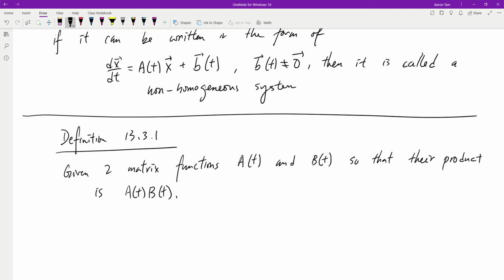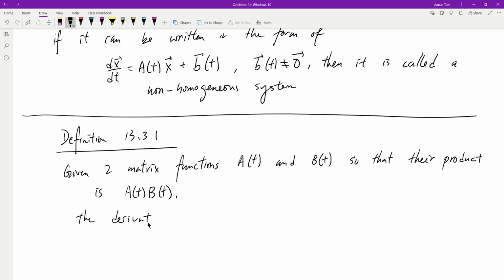Now that we have a product between these two matrices, what I want to figure out is, what happens if I want to take the derivative of this thing? Essentially what we're learning is, technically speaking, the product rule for matrix multiplication differentiation. So what would the derivative be? Well, let's find out.